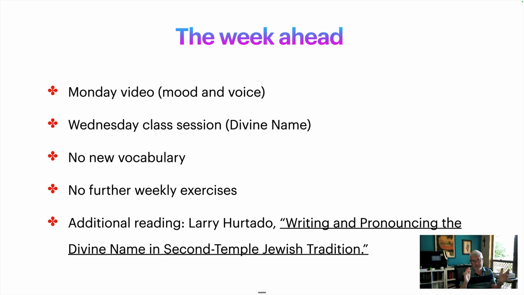That period of several hundred years is called the Second Temple period. So Larry Hurtado's article is looking at what's the evidence for how Jewish people in the Second Temple period wrote or pronounced the divine name. I hope you find it a really enjoyable article.